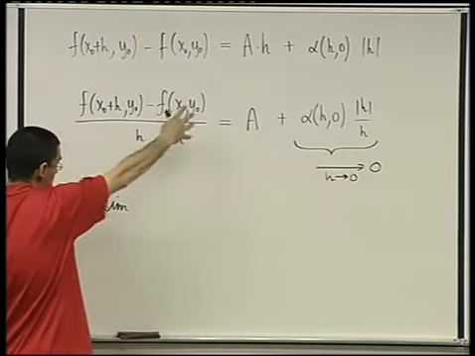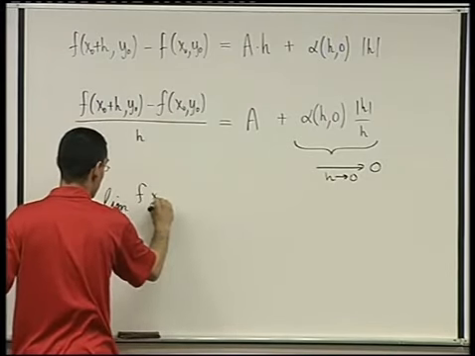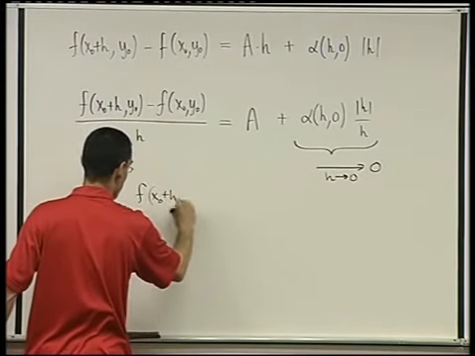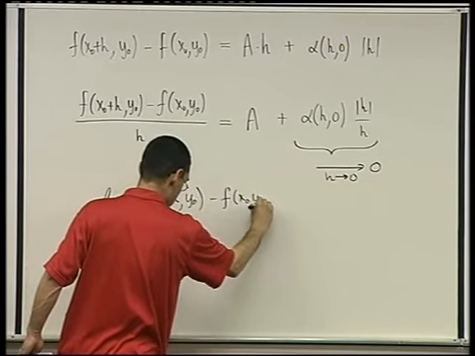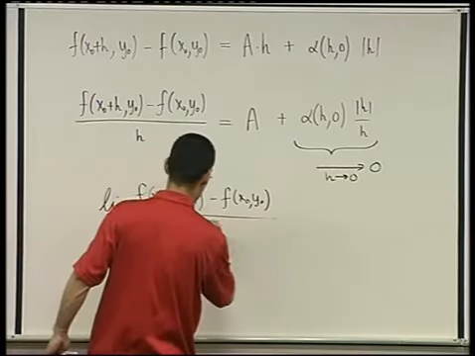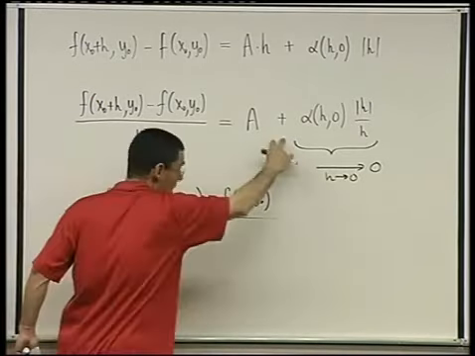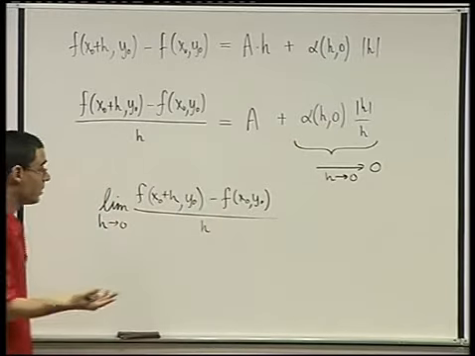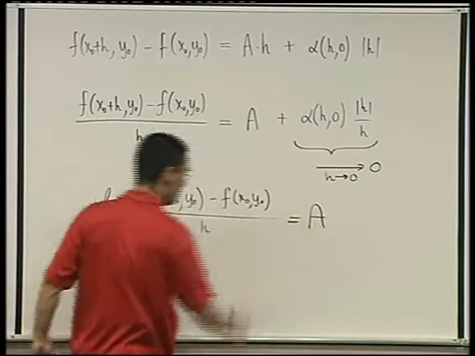Therefore, if I take the limit as h goes to 0 on both sides, the limit of f at x0 plus h, y0, minus f at x0, y0, all of this divided by h, as h goes to 0 is the limit of the right-hand side as h goes to 0, which is a plus 0, so it's just a.